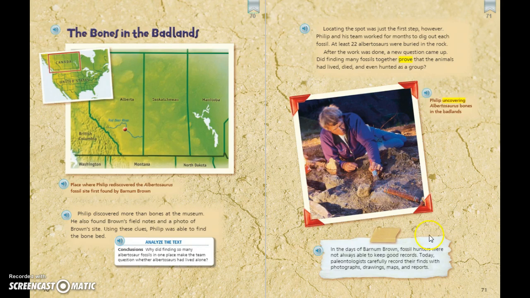Here we also find another Analyze the Text. This time it's conclusions. Why did finding so many Albertosaurus fossils in one place make the team question whether Albertosauruses had lived alone?